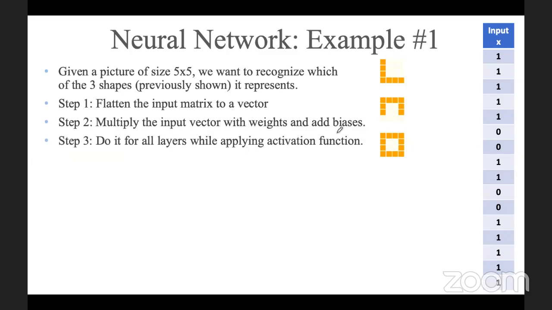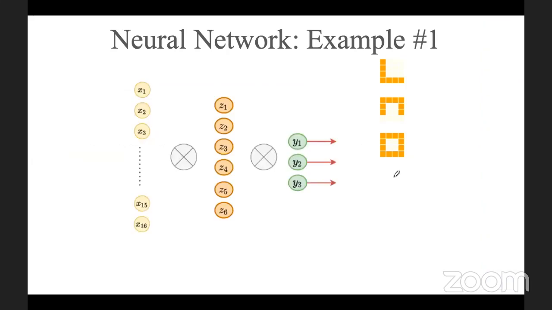And then we need to find out weights and biases such that in step 2, I multiply the vector with the weights, add the biases, and apply the activation function. Ultimately, I want it to somehow figure out which shape it was. This is what we will be building in the next lecture at least, the initial part, not the whole lecture. So you have 16 inputs, since it's a 4x4, and this represents that there is a connection to each neuron.